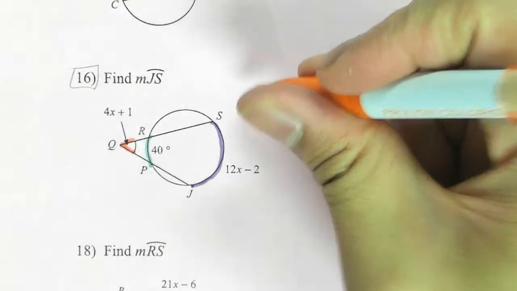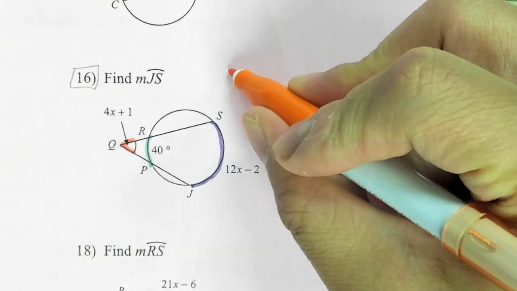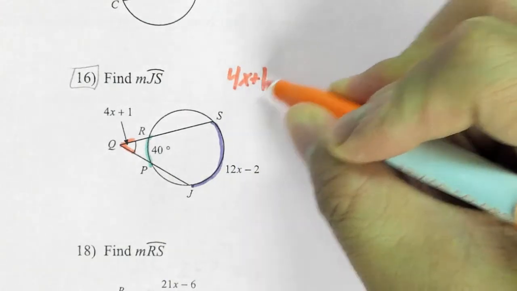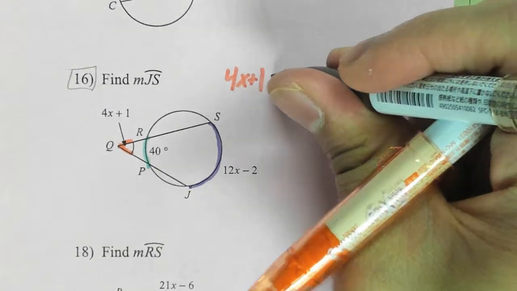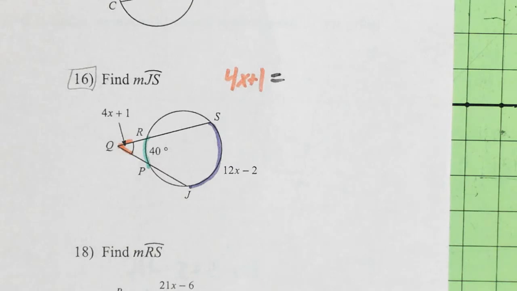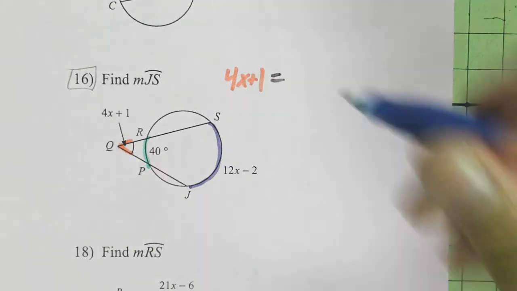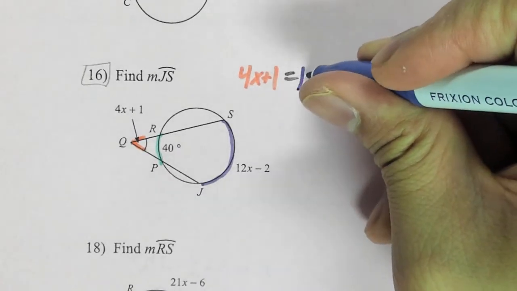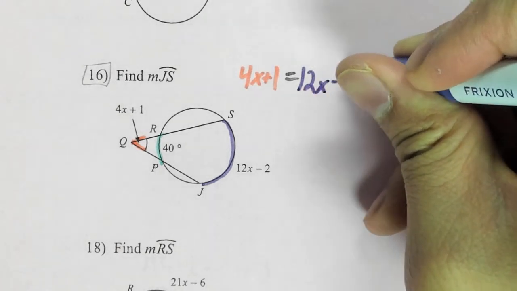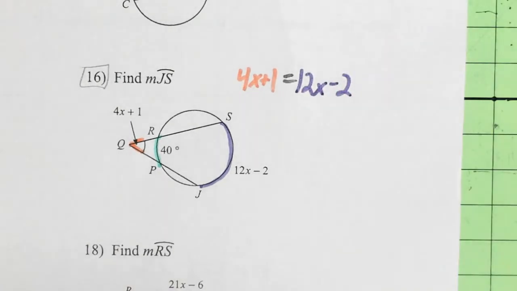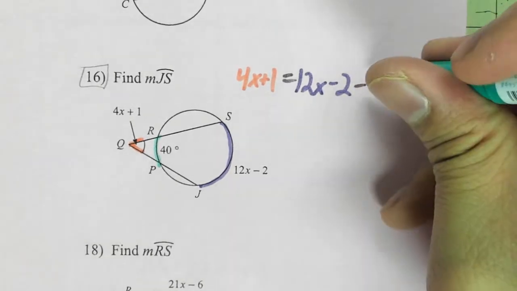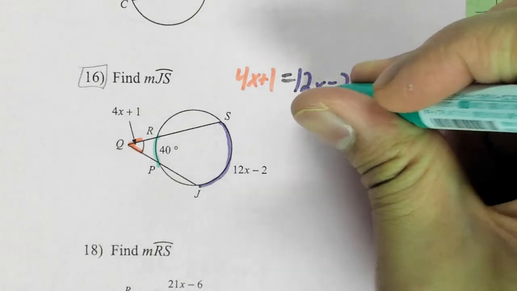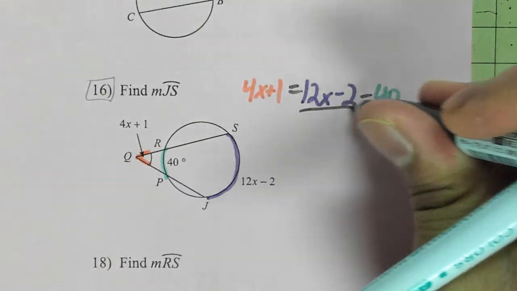So formula is angle 4x plus 1 equals far arc 12x minus 2 minus near arc of 40 divided by 2.